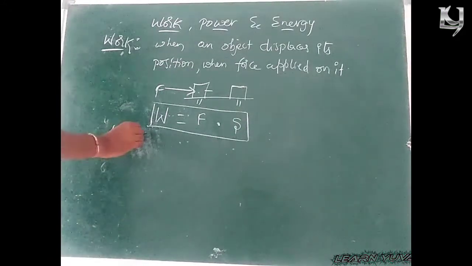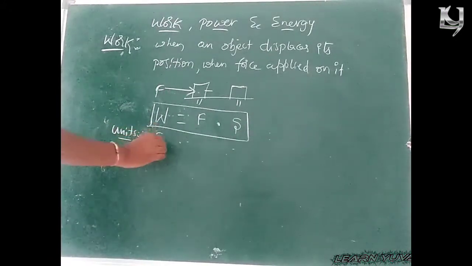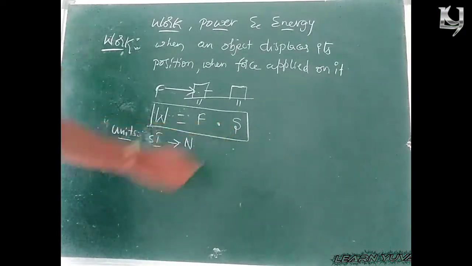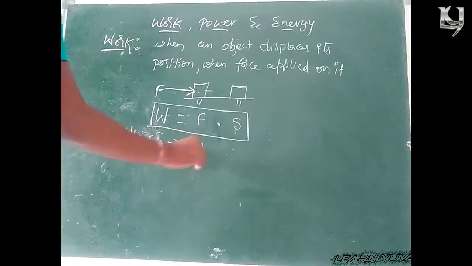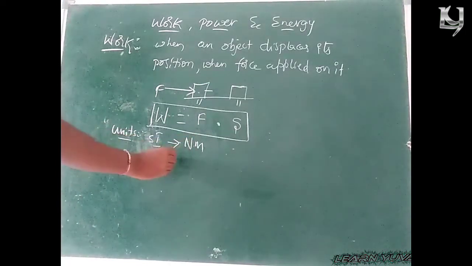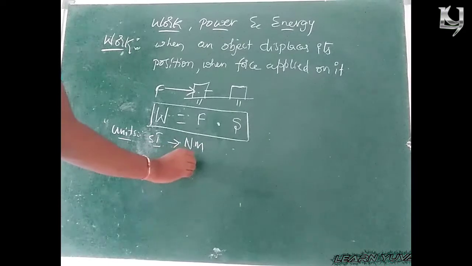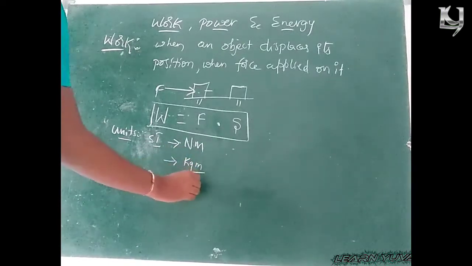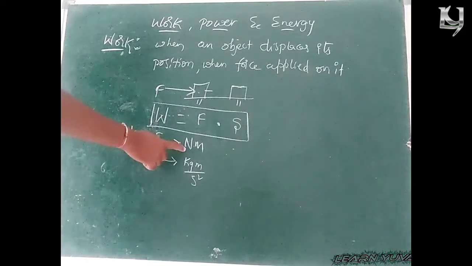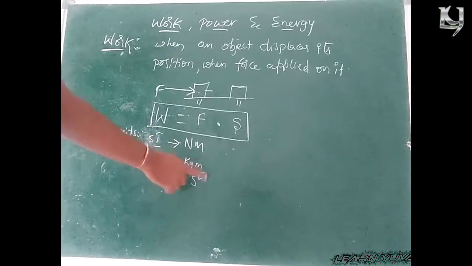So coming to the SI units: force is Newton, displacement is meter, so Newton meter. Newton can be written as kg meter per second square. F is force in Newton, F is equal to MA, M is mass in kg, A is meter per second square.